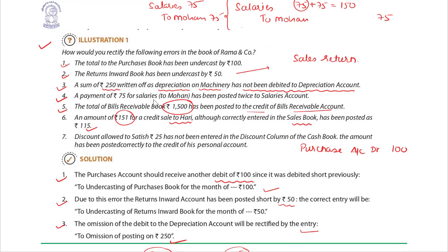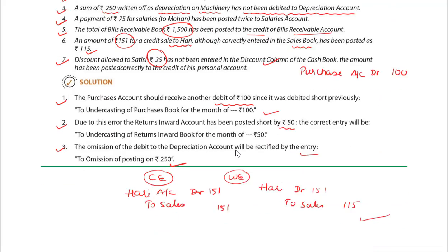Let's see the seventh one. Discount allowed to Satish 25 has not been entered in the discount column of the cash book. Discount allowed, so it should be debited. The amount has been posted correctly to the credit of the personal account.